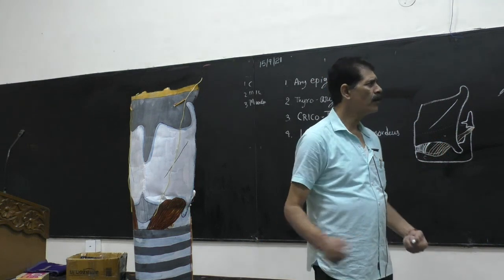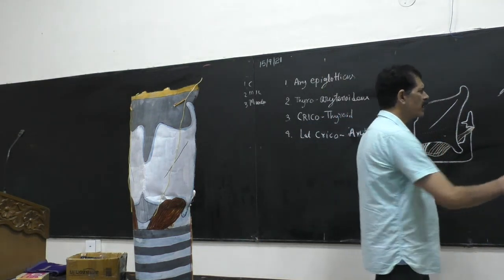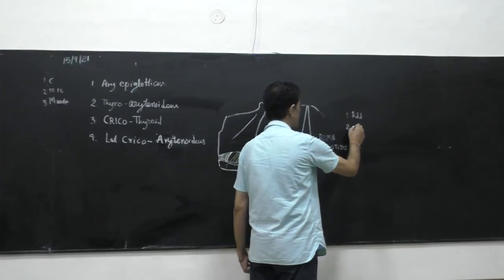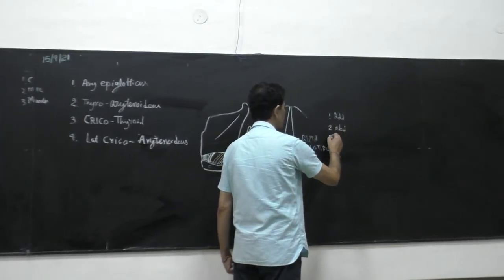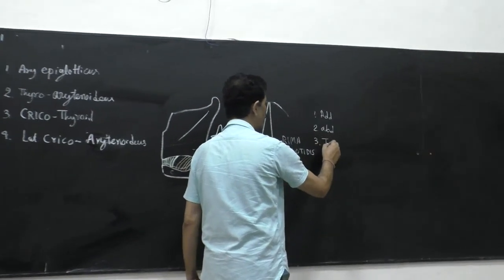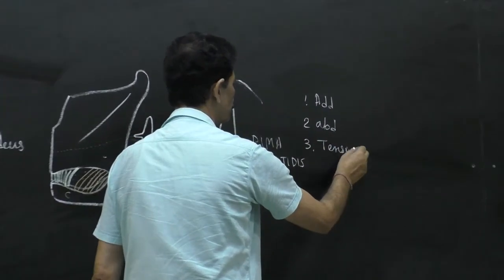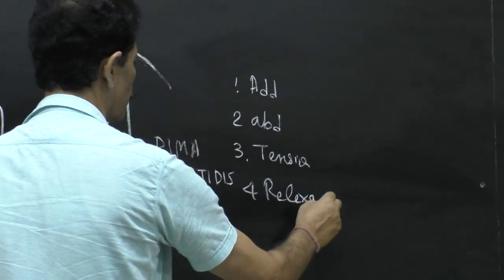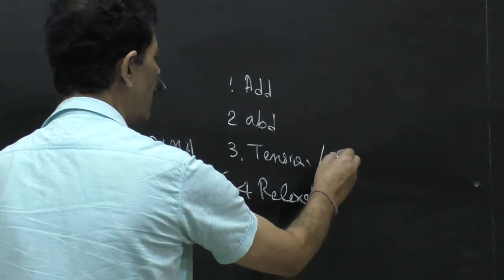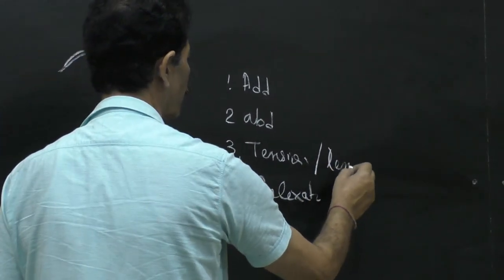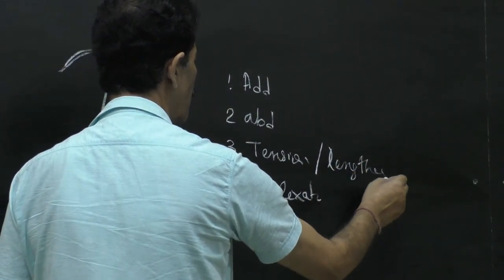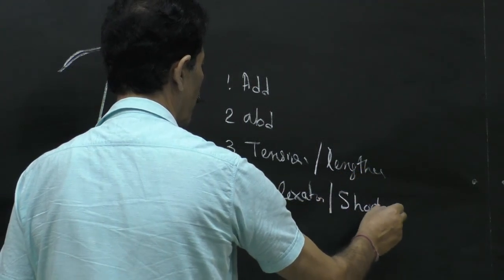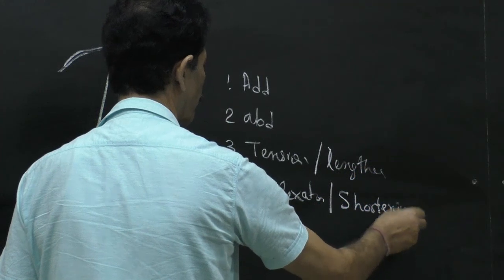So there are 4 movements done by these muscles. One is called adduction, second is called abduction, third is called tension, fourth is called relaxation. Tension is also called lengthening of the cords, and relaxation is called shortening of the vocal cords.